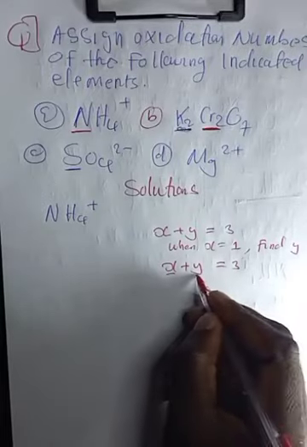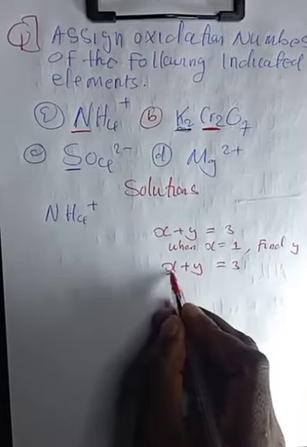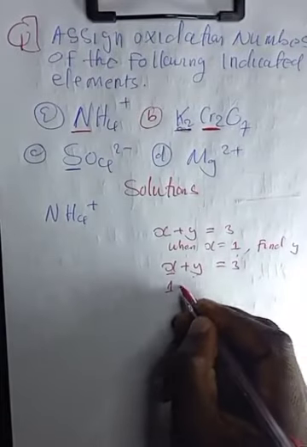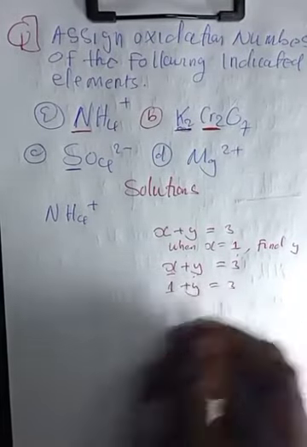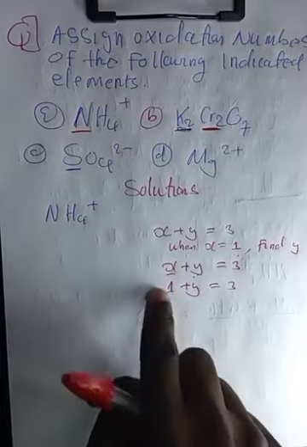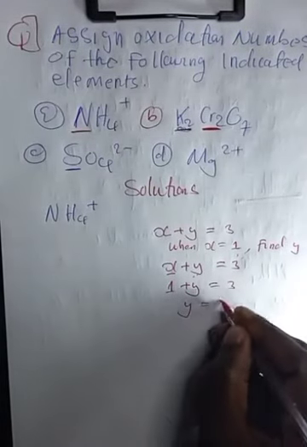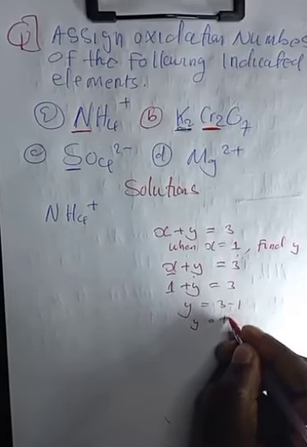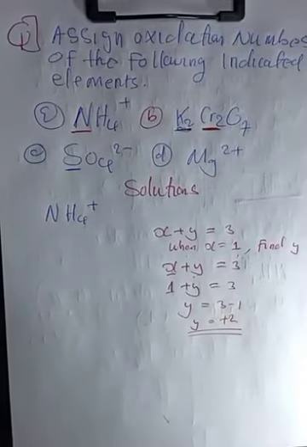How can I find y? We replace x with a 1, then solve for y. So 1 plus y equal to 3. To find y, we collect like terms. So 1 can go there, which means y is equal to 3 minus 1, meaning y is positive 2.